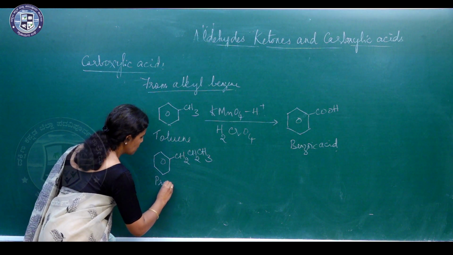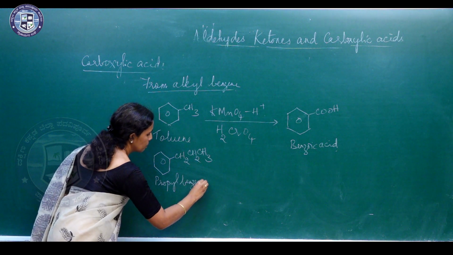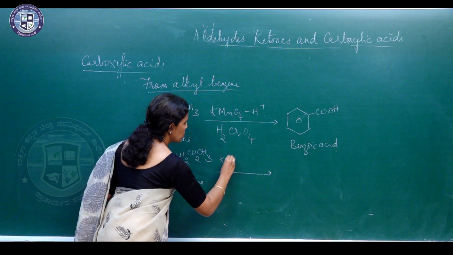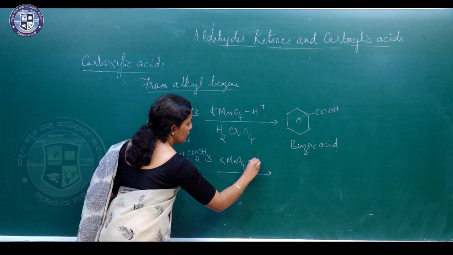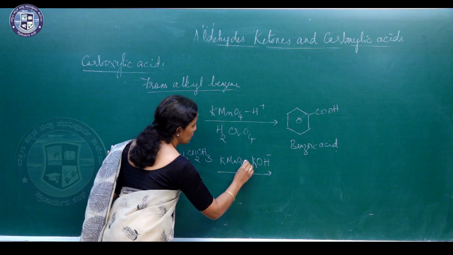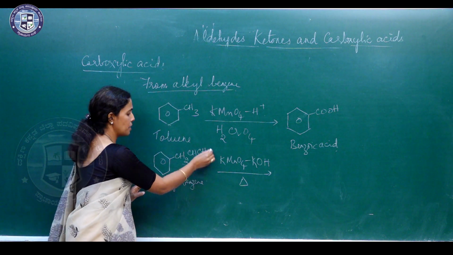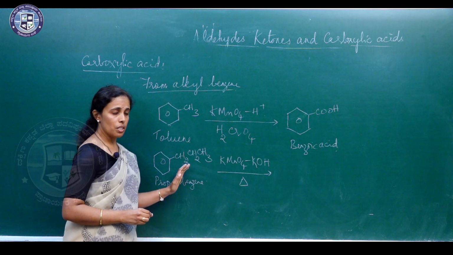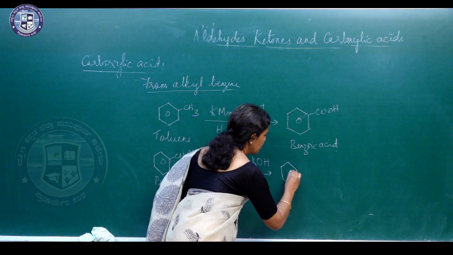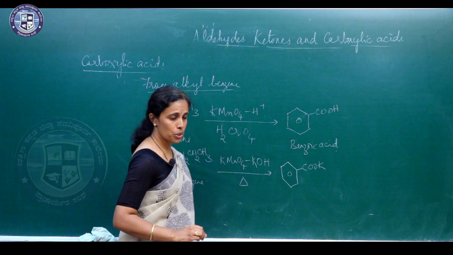Now we have a propyl group attached to the benzene ring, so you can call it propyl benzene. Subject it to oxidation in presence of KMnO4 in an alkaline medium, that is, you can take potassium hydroxide and heat it. The entire side chain gets oxidized. The product will be the potassium salt of carboxylic acid, that is benzoic acid.